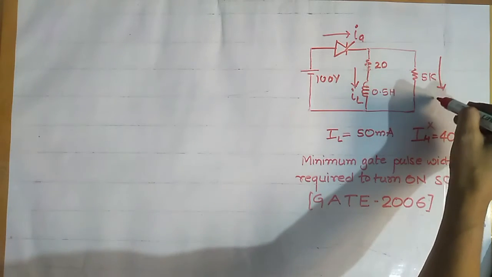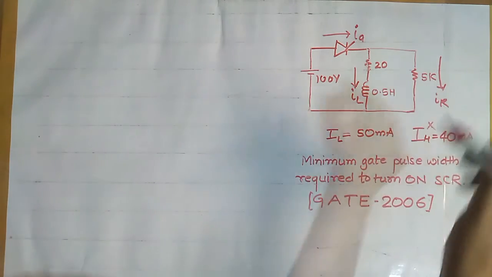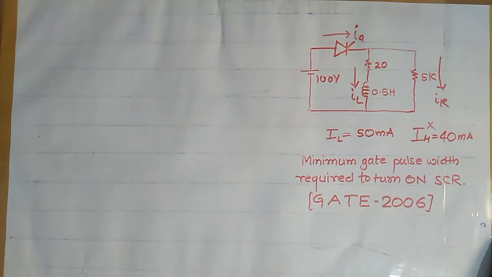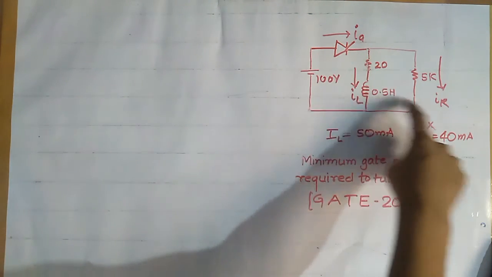Suppose the current through this SCR is IA, that is anode current, the current through this inductor is IL, and the current through this resistance is IR. Here we know that this anode current is simply equal to IL plus IR by applying KCL at this node.